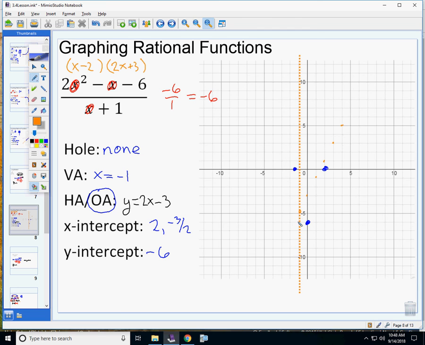So I'm just putting some dots on here. There's my asymptote going right up through here like this. Now in this case it was really nice. Notice that we have this bottom right and the top left. So we really don't have to find any more points. This graph is nice for us.